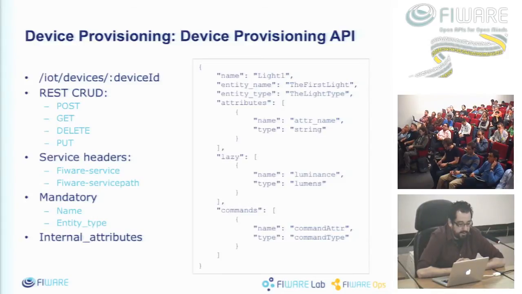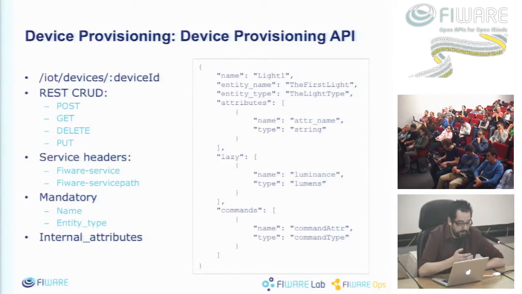All the requests to the device provisioning API and the device configuration API that we are going to see next have to use the FIWARE service and FIWARE service path to indicate what service those devices belong to and what sub-service in the service you have used the devices are going to be stored into.